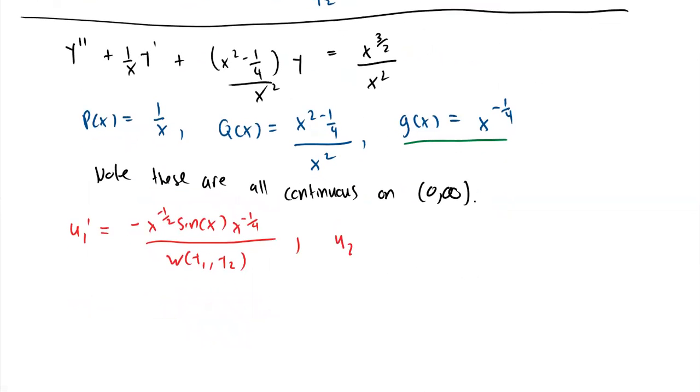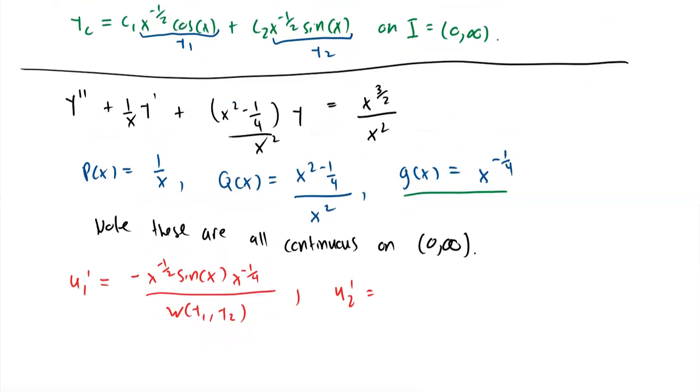And u2 prime is going to be y1, which is x to the negative 1/2 cosine x, times g of x, all over the Wronskian of y1 and y2. Integrate those, and then you'll get u1 and u2, and then you get your particular solution from that.